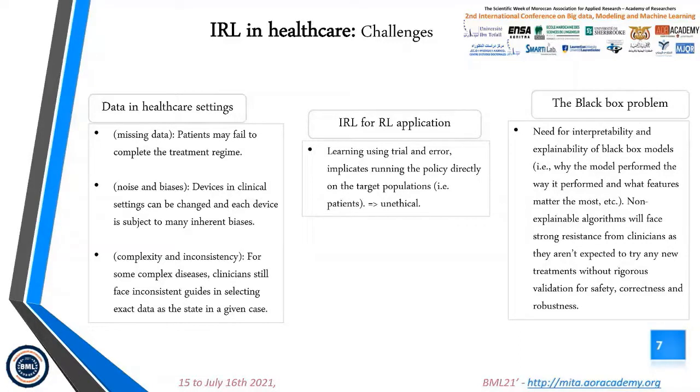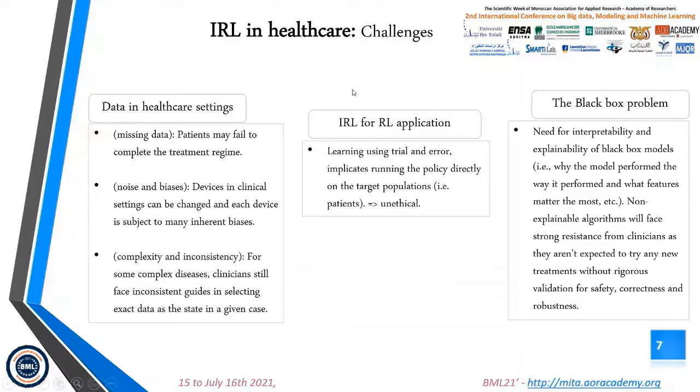And devices in clinical settings can be changed, and each device is subject to many inherent biases, resulting in noisy and biased data. Also, for some complex diseases, clinicians still face inconsistent guidelines in selecting the exact data as the state in a given case.